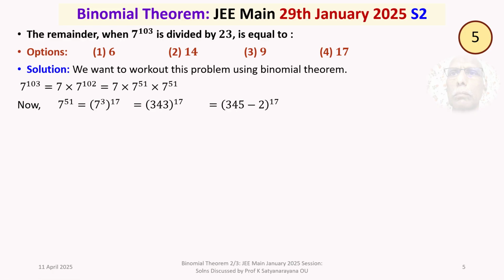The idea is to write this 343 as some multiple of 23 and adjust the term. Now it is written as 345 minus 2, where 345 is a multiple of 23. 345 is 23 into 15. So a multiple of 23 minus 2, to the power of 17.